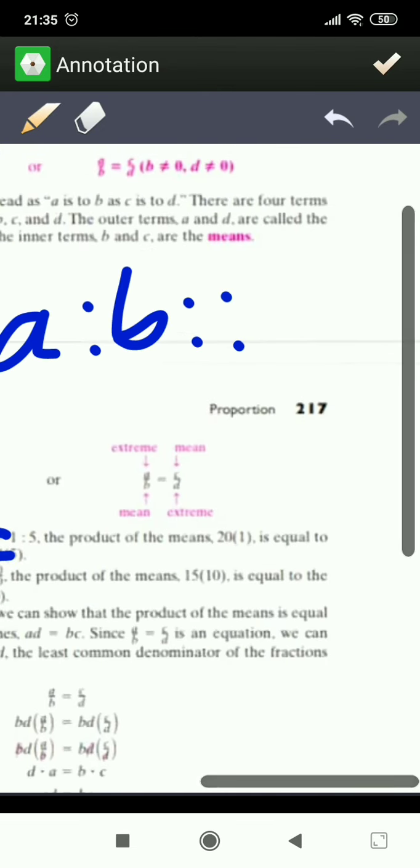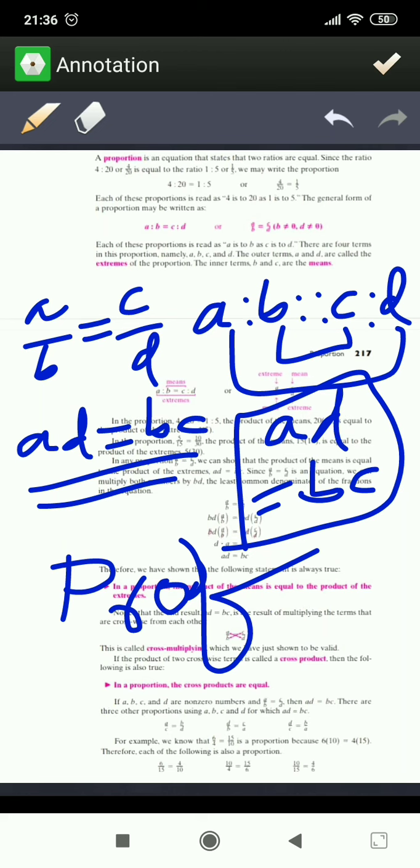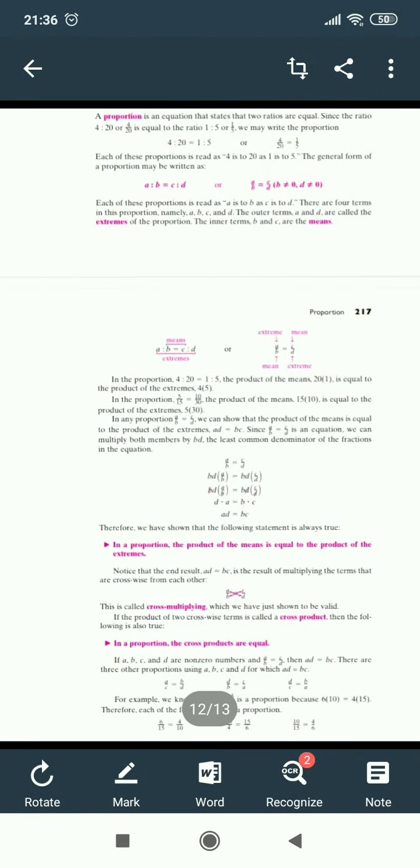In that situation also A into D is equivalent to B into C. This is the proof of that expression. In a proportion, the product of means is always equivalent to the product of extremes. This is called cross multiplication.